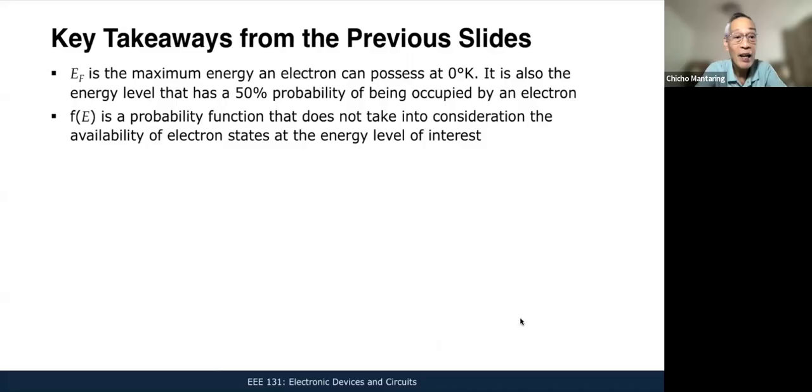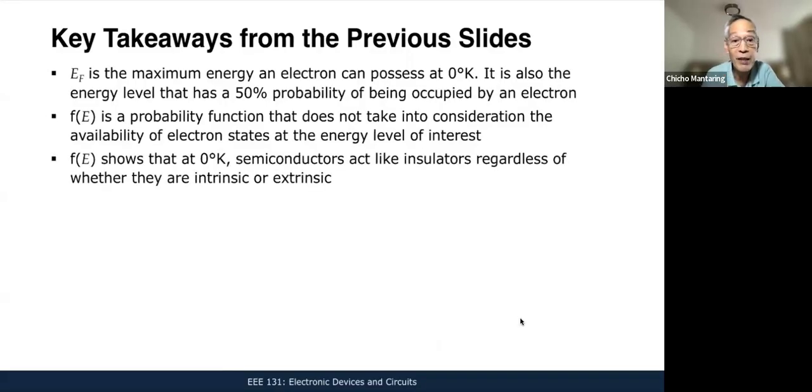Okay, this F of E does not take into consideration the availability of electron states at the energy level of interest. So I already pointed out, if E of F is in the forbidden band, there are no energy states there. No? So even if the probability that that is occupied is 0.5, pag wala namang mapupuntahan yung electron, it cannot go there. So that is F of E, no?